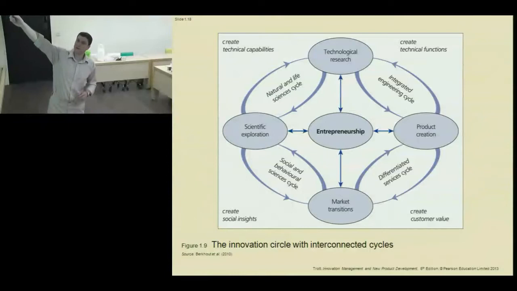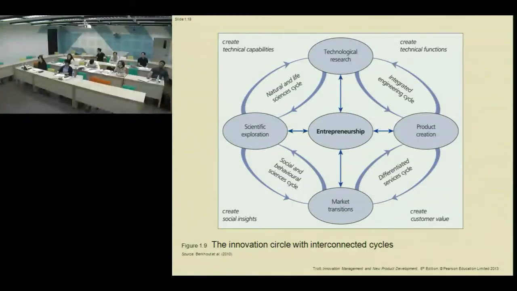So, top right we have technological functions, from R&D to product creation. Bottom right we have customer value. Okay? Bottom left we have social insights.